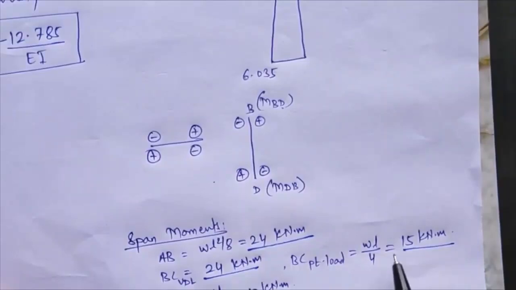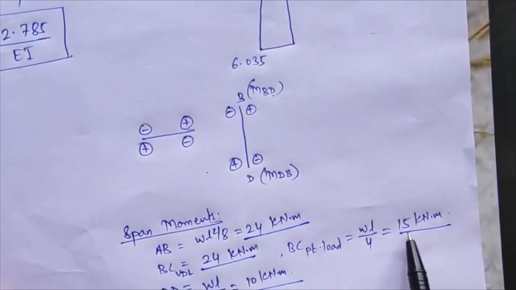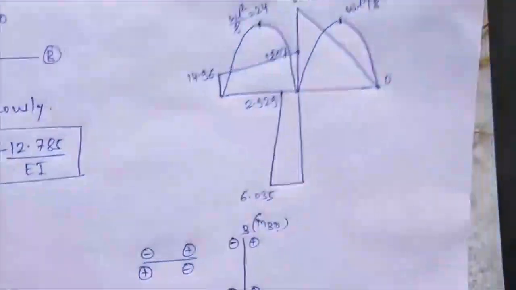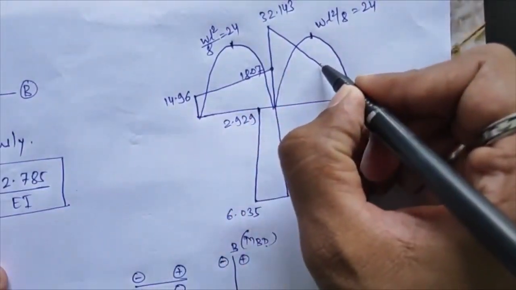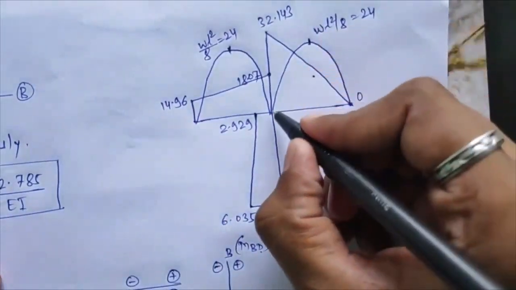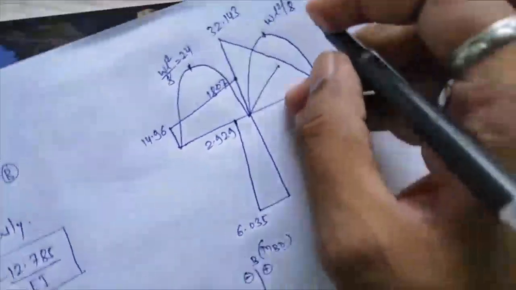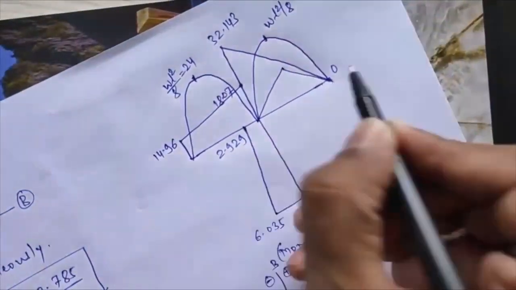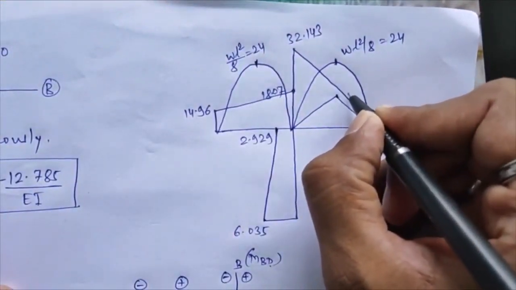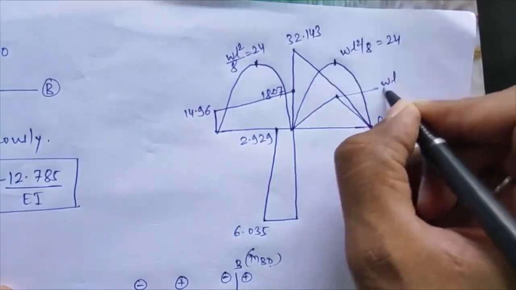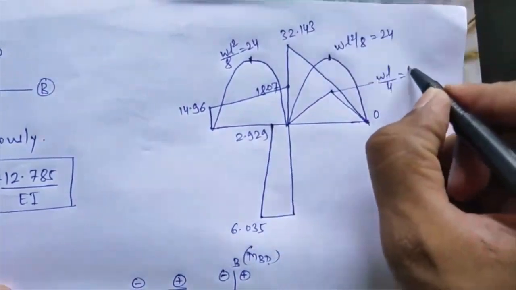But in span BC a point load is also acting over there, that is 15 kilonewton meter. So this 15 kilonewton meter, that will be plotted over here, 18 is over here, so 15 will be somewhere here. But this will be following a triangular path over there. Value for this, that will be equal to, here I'll write that WL by 4 is equal to 15.